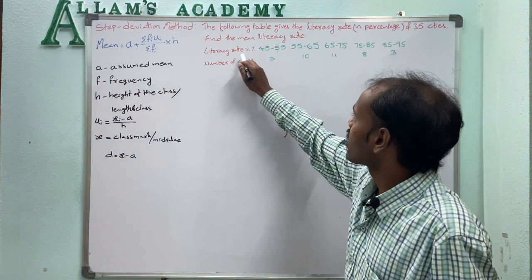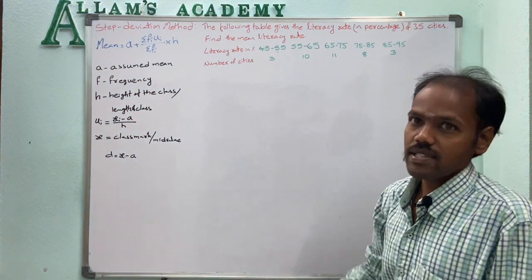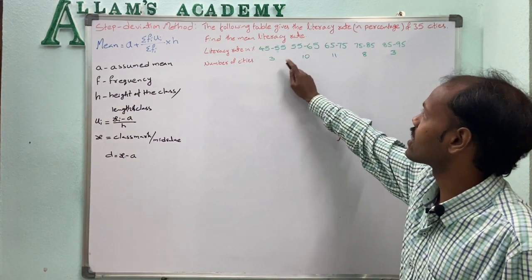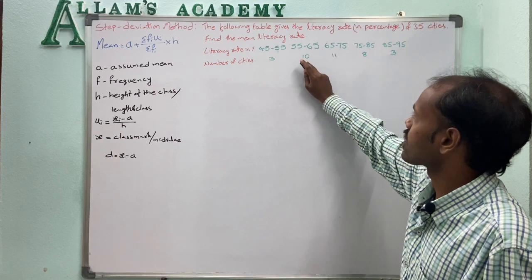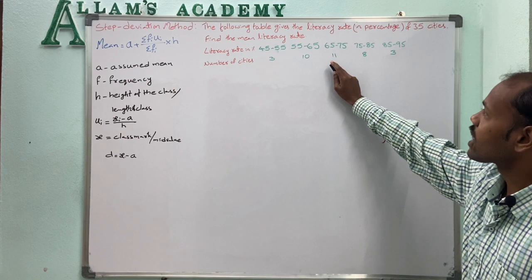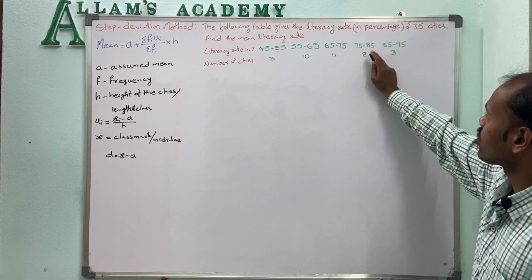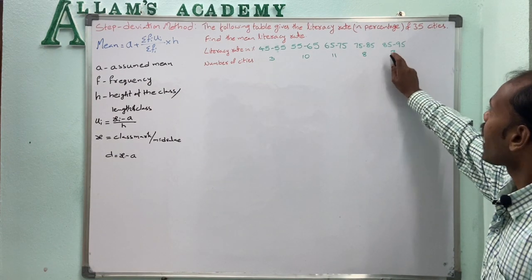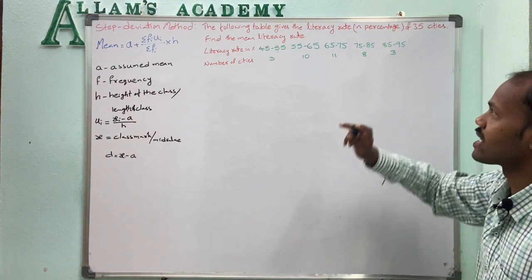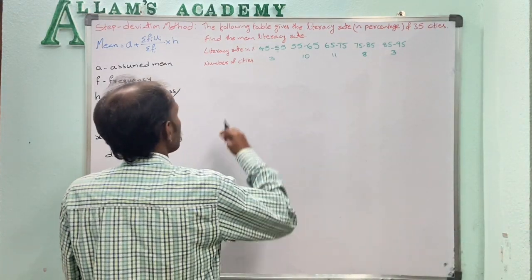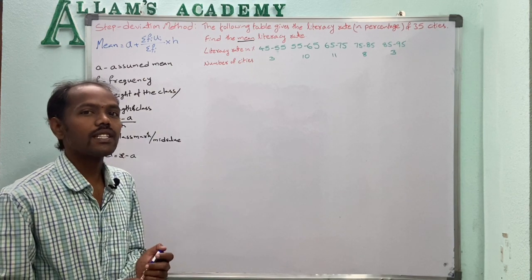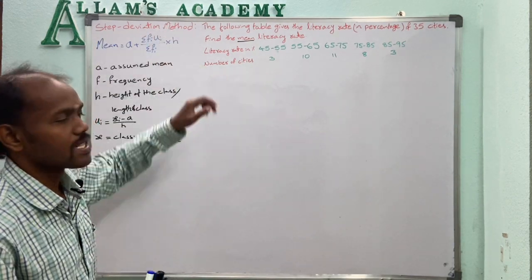So literacy rate in percentage and number of cities are given. 45 to 55 percentage, 3 cities there; 55 to 65 percentage, 10 cities; 65 to 75 percentage, 11 cities; 75 to 85 percentage, 8 cities; and 85 to 95 percentage, 3 cities. Now we have to find the mean of this data through the step deviation method.